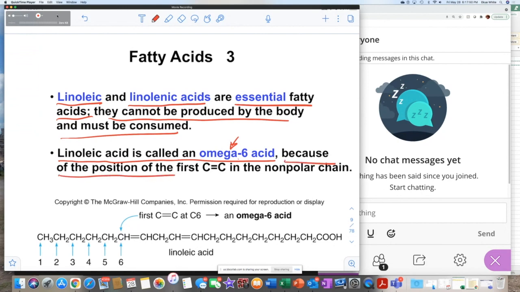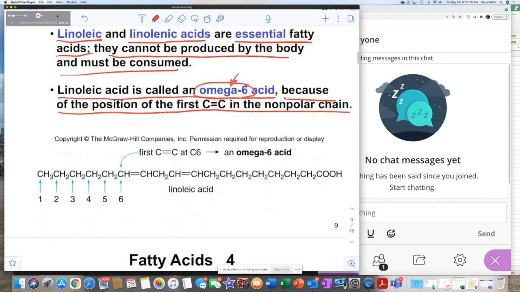Because of the position of the first carbon-carbon double bond in the nonpolar chain. So when we say omega-3, we are referring to the first unsaturated carbon, or the carbon-carbon double bond. Since remember this group of people are not organic chemists, they're still chemists, their nomenclature system is very different.